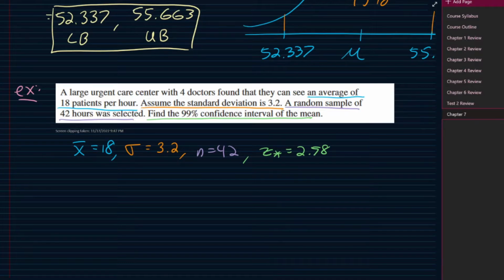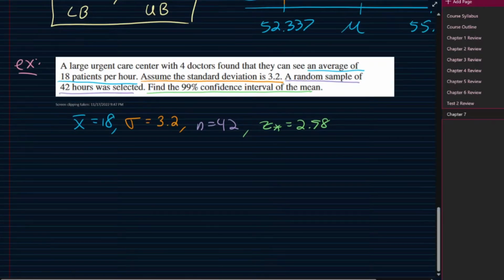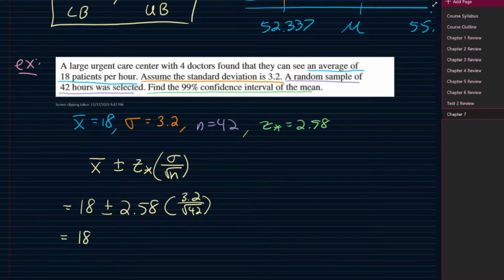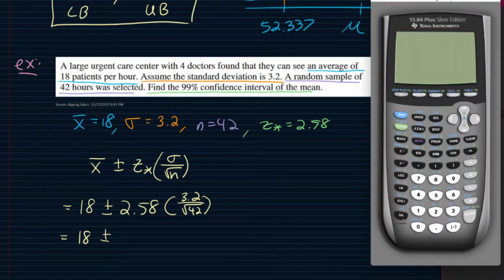Remember, our formula is x bar plus or minus z star times sigma over square root of n, giving us 18 plus or minus 2.58 times 3.2 over square root of 42. Again, I usually put in my calculator the part on the right side of the plus or minus. So 2.58 times 3.2 divided by square root of 42.